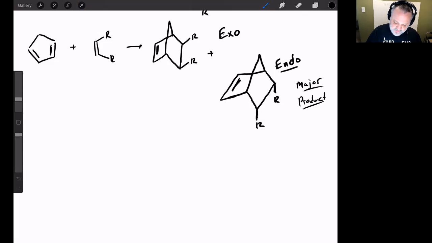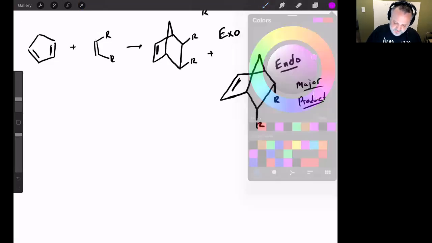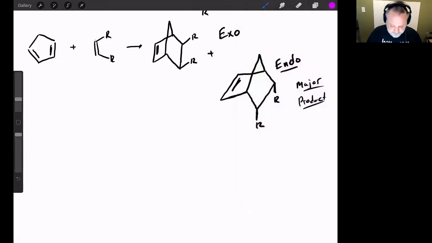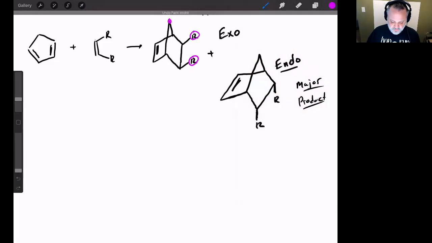It also turns out that steric hindrance isn't the explanation. Whether it's exo or endo depends on whether the groups point in the same direction as the additional bridge or in the opposite direction. That's where endo and exo come from.